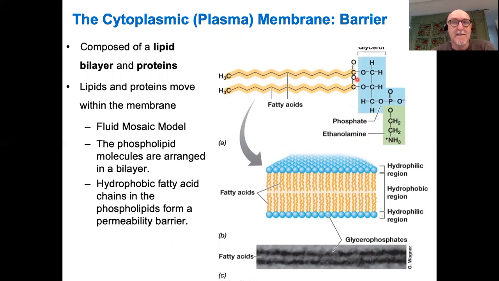So this creates a schizophrenic kind of molecule. One part of it wants to dissolve in water, the other part wants to escape from water. And if we put it into water, the only solution for the molecule is to form this kind of structure.